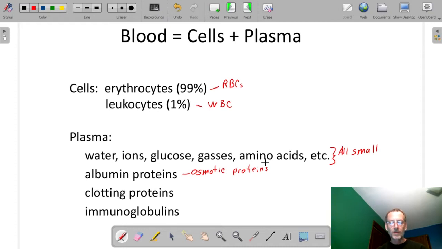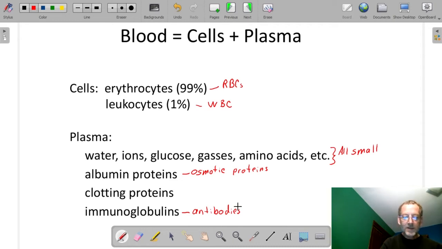They're involved in clotting blood, keeping you from bleeding excessively. And the immunoglobulins are other proteins in the blood, and these are the antibodies. They're globular proteins of the immune system.